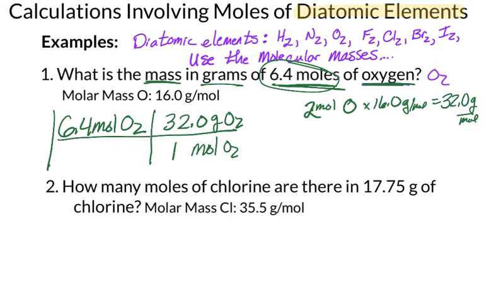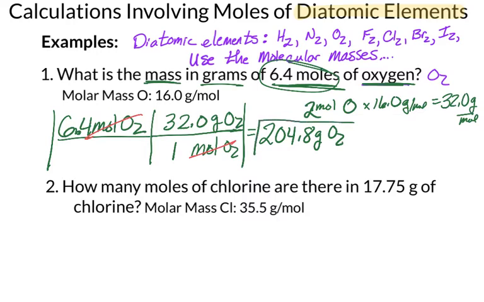So we now have 6.4 moles of oxygen times 32 grams per mole of oxygen, again, all in the form of O2. And in our calculator, we're just going to put in the 6.4 and multiply that by 32, and we get 204.8 grams of oxygen, again, O2.